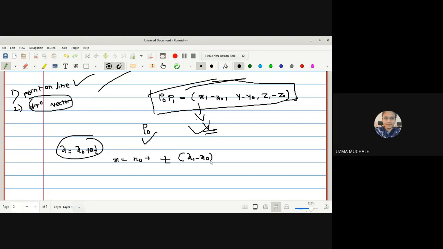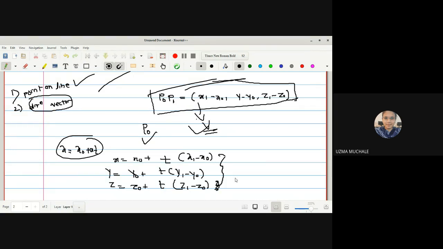Correct? Is it okay? Yes, ma'am. Y is equal to Y naught plus T into Y1 minus Y naught, and Z is equal to Z naught plus T into, instead of C, where we had written A, B, C initially, here it will be Z1 minus Z naught. Okay.